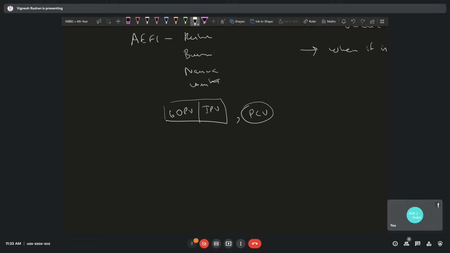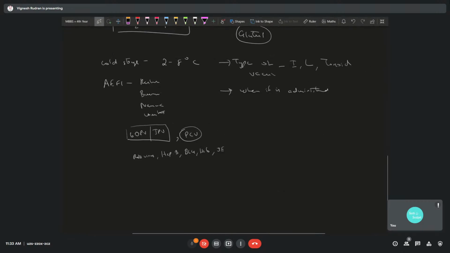Other than that, the common vaccines which you use are your Hep B, and then your BCG, your HIB, your JE, and then your rotavirus. These are all the common vaccines which you need to know.